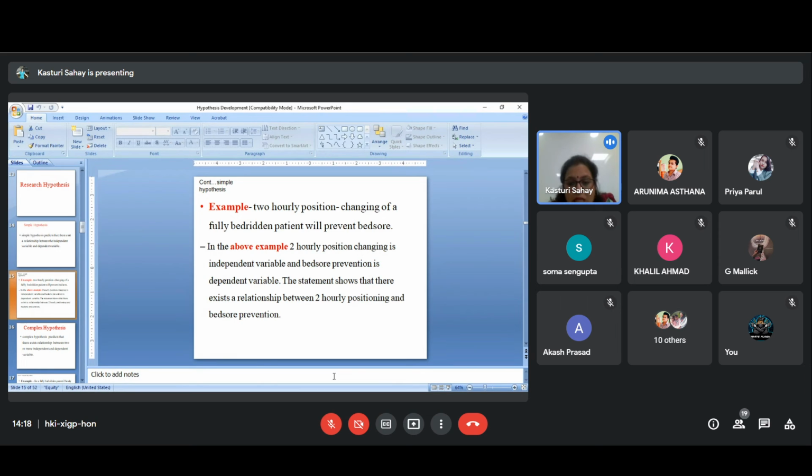So in this case, too early position changing is the independent variable, and bed sore prevention is the dependent variable. The statement shows that there exists a relationship between too early positioning and bed sore prevention. So this is a hypothesis which is a simple one. So you have 2 factors, an independent and a dependent, and you are predicting the relation between the two. So this is a simple hypothesis.